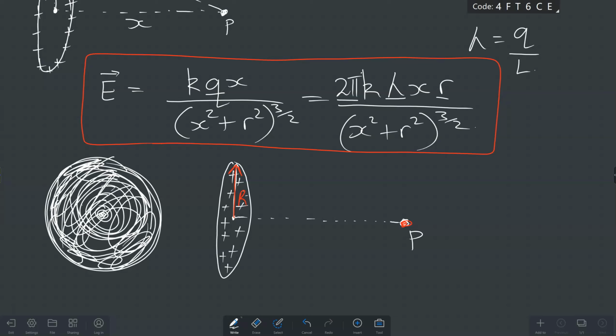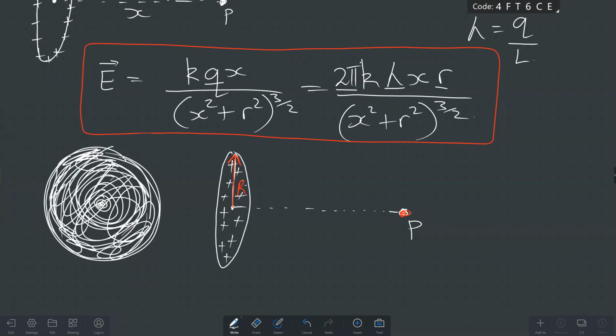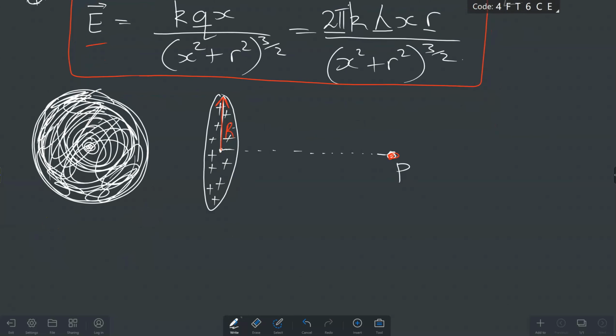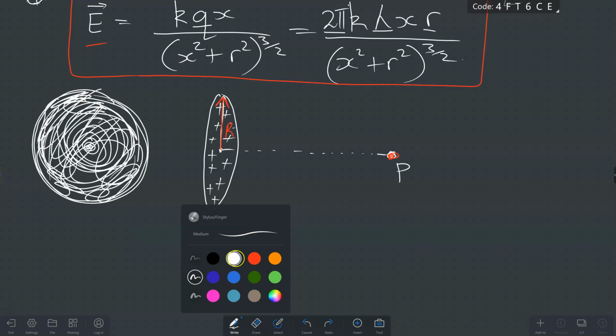So the electric field due to a ring is only a dE. So the electric field that we have there for a ring of charge, we will now say is our dE. Let me put that in white.